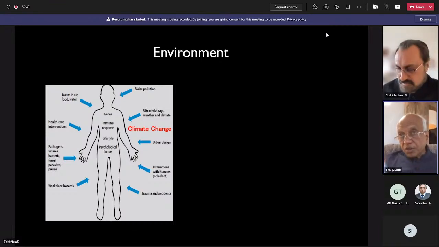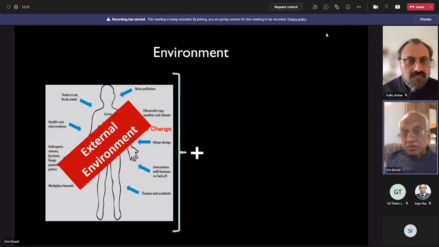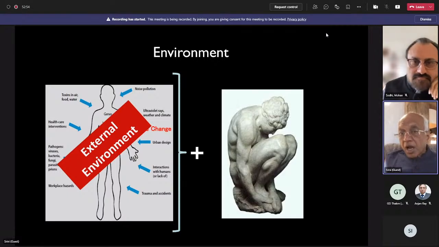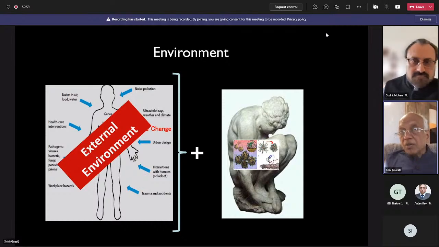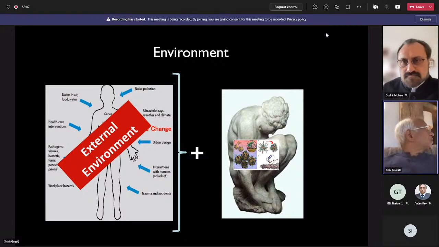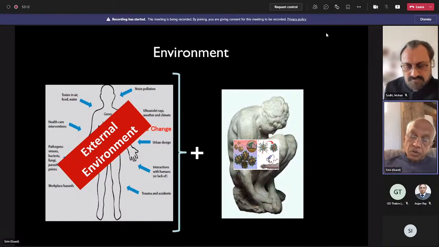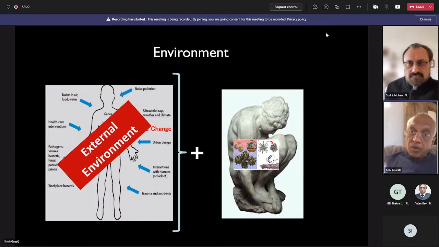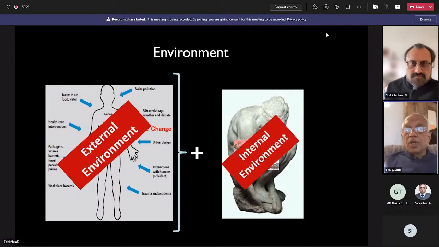Even if you're sitting in Dehradun or in London, having had your breakfast or lunch, your body is working and your internal environment is producing thousands and thousands of molecules. These molecules are very important, and any change in this environment can lead to a disease. So it's not only the external environment, but the internal environment is equally important. This is what I mean by environment.